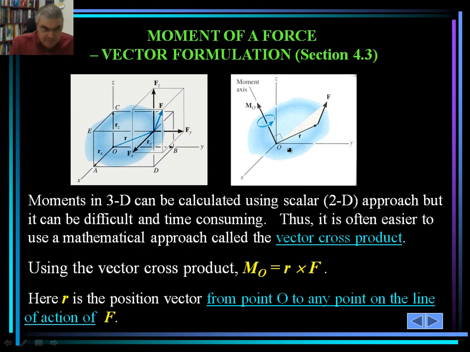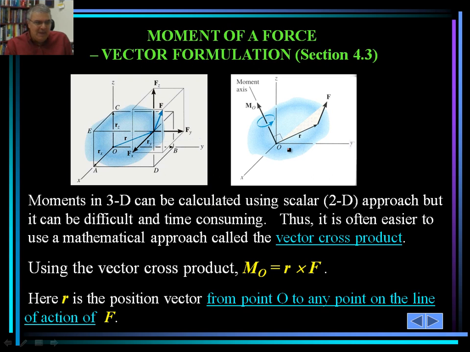Again, the vector that will be produced, the moment M sub O about a point O, is simply r cross F. And in this case, r is the position vector from point O to any point on the line of action of F. So please keep that in mind.